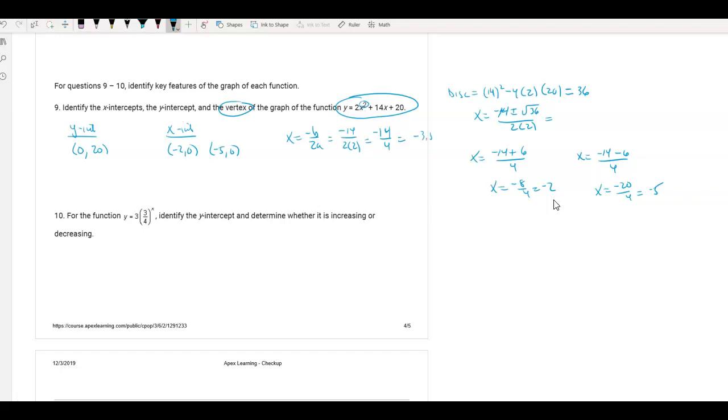And if I plug that back into the function, what would the y value be?